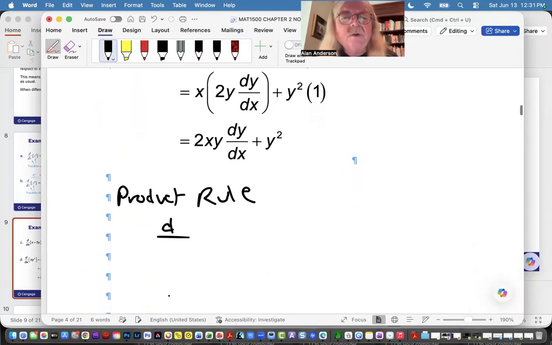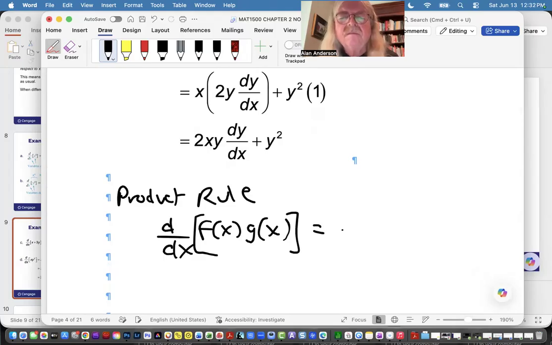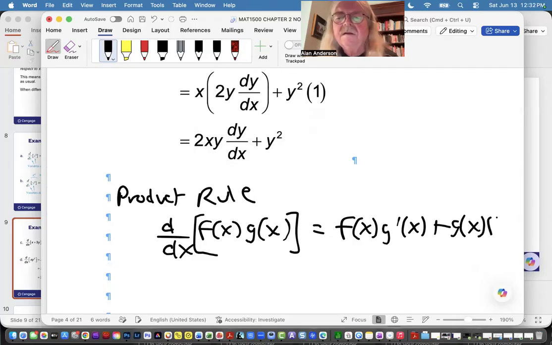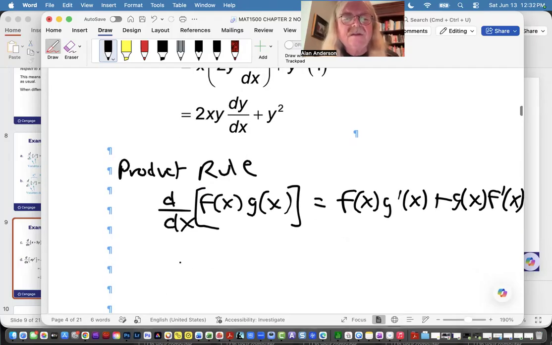All right, so I'll write it in two equivalent ways. All right, and then we also can write it like this.